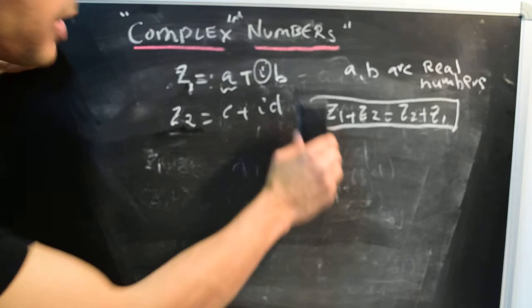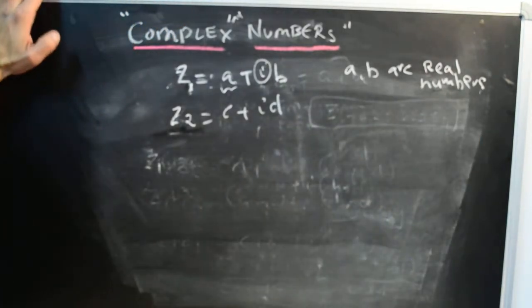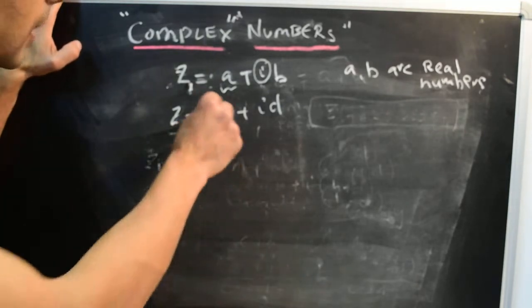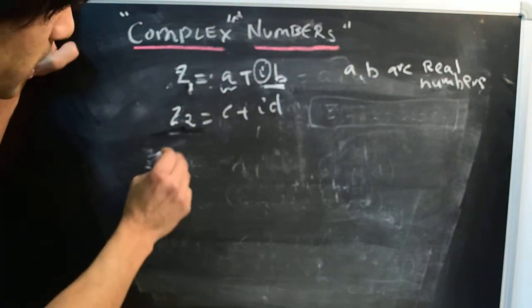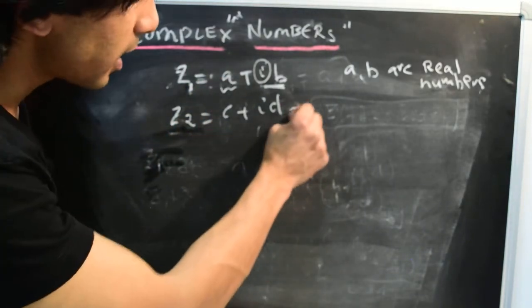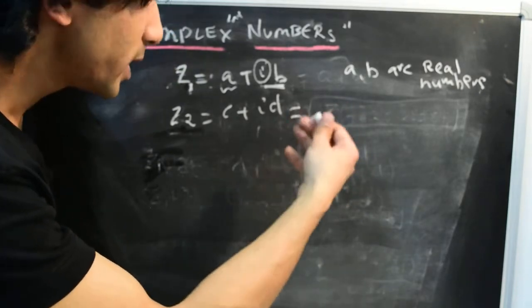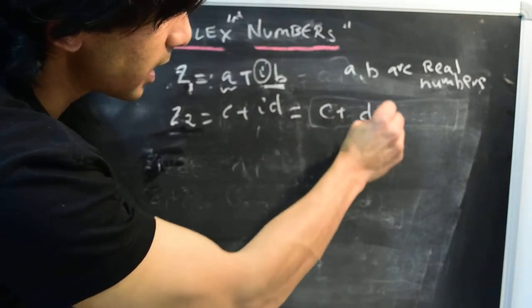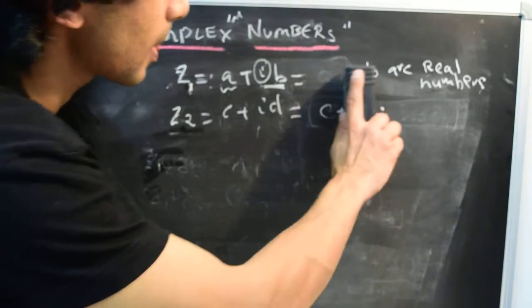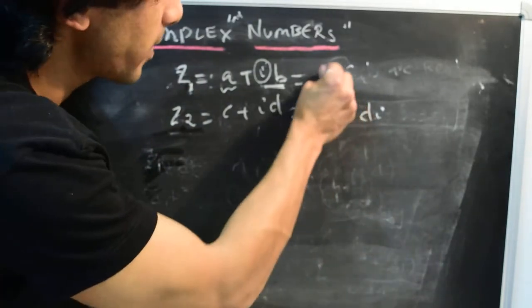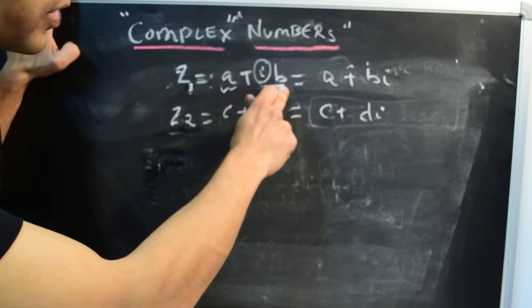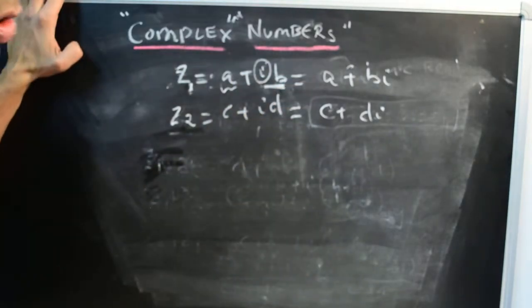The next step is to define multiplication of complex numbers. Actually, before doing that, there's one important point. Given a complex number, let's say z1, which is a plus ib, or z2, c plus id, we'll say that this is equal to c plus d times I, and this is equal to a plus b times I. So it doesn't matter on which side of the real number b we write I. Now this is not at all obvious.